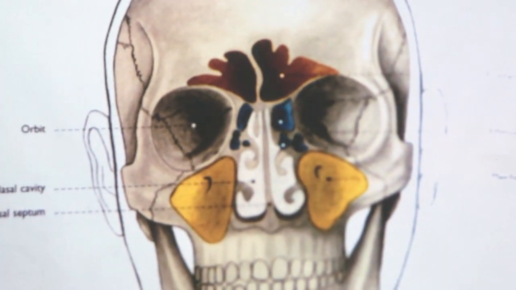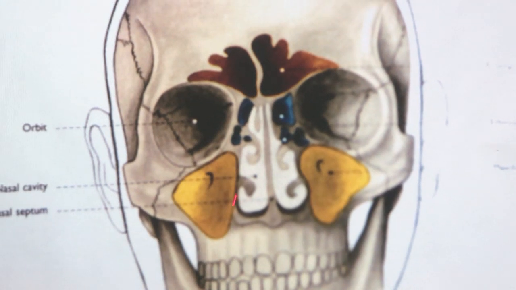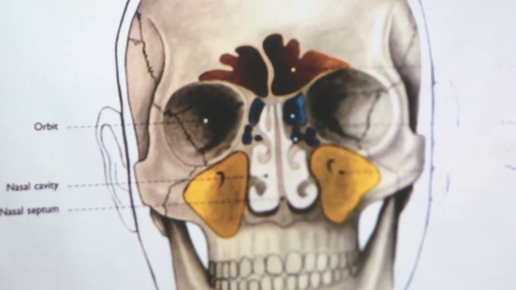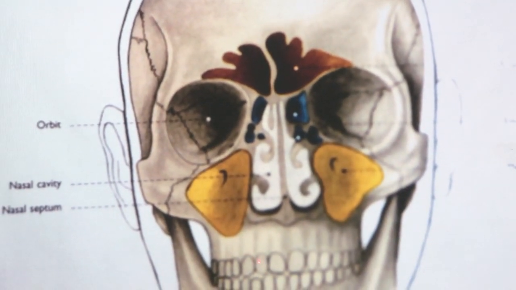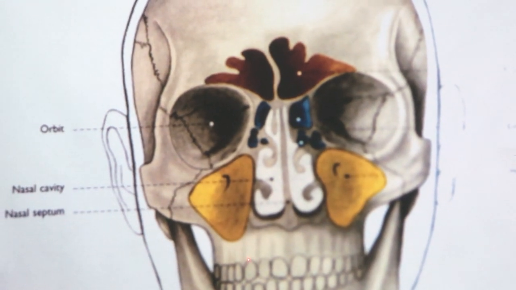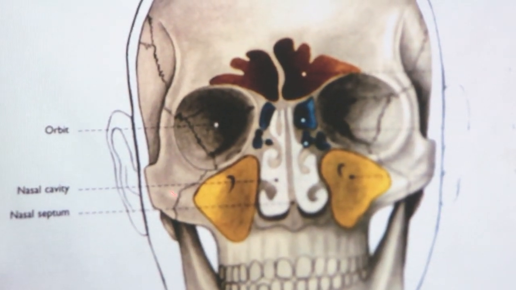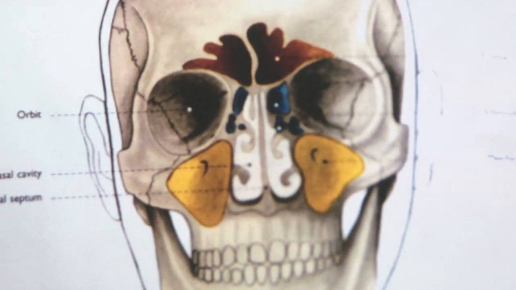Understand, this is a 3-dimensional object, and this is going backwards towards the zygomatic process. And the apex is towards the zygomatic process.